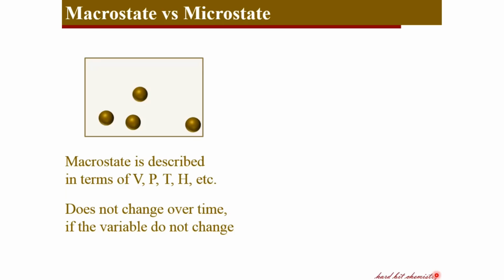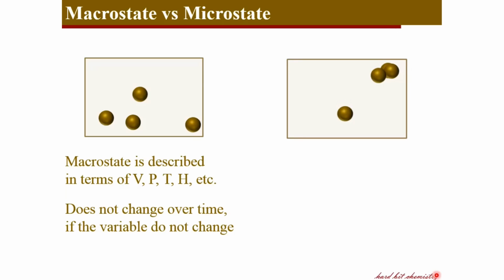At this particular instant, the system is described by this particular distribution of molecules, that is the position of molecules and their velocity or momentum. So position and momentum are the terms within classical thermodynamics, but quantum mechanics talks in terms of energy and time. So at a given instant, when you look at the system, you've got a given distribution of energy among those molecules.